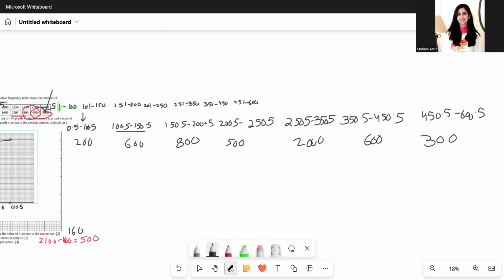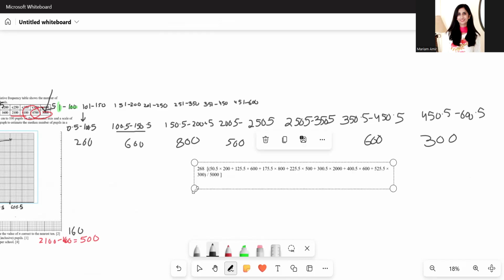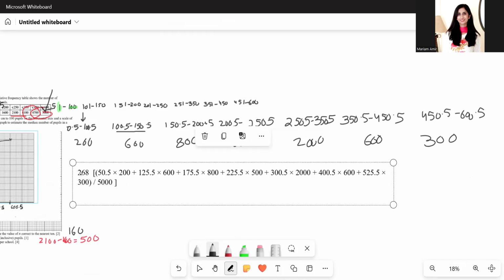Let me copy that working for you. The answer will come out to be 268 by multiplying each midpoint with the corresponding frequency and finally dividing the entire sum by 5000.